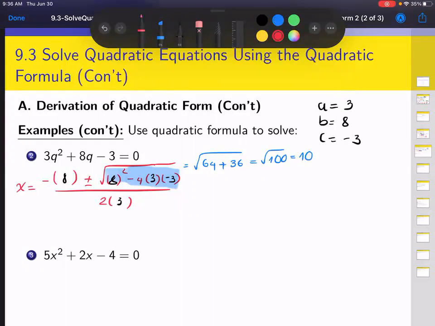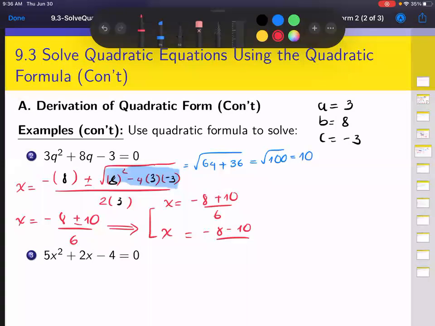Okay, so x equals -8 plus or minus 10 over 6. x equals -8 plus 10 over 6, and x equals -8 minus 10 over 6. Simplify. -8 plus 10 is 2 over 6, which is 1/3. And then this one is -18 over 6, which is -3.